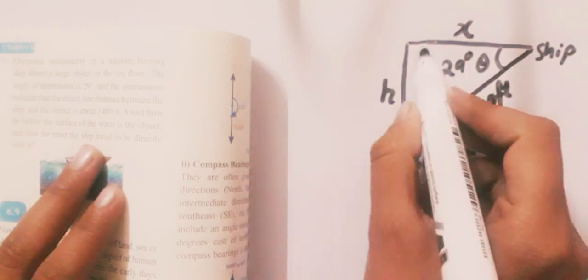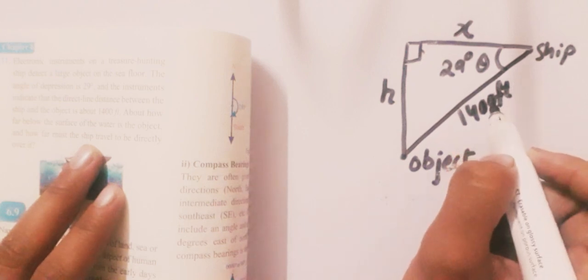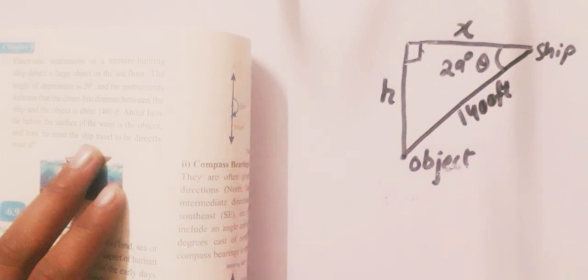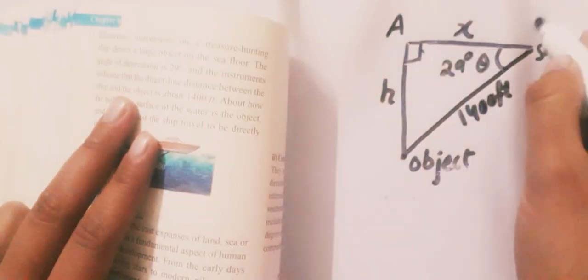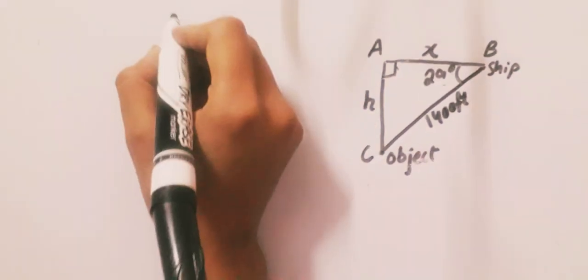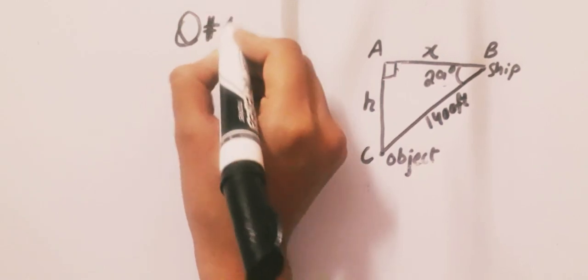Now this is a right angle triangle. You will use different trigonometric ratios to find height and find x. Now this is A, B and C. Now question number 11, solution.